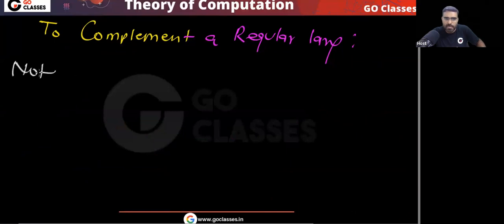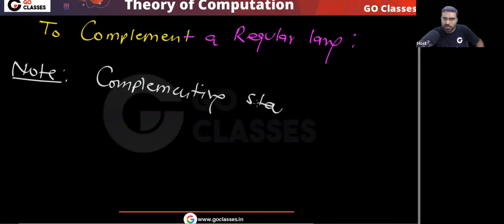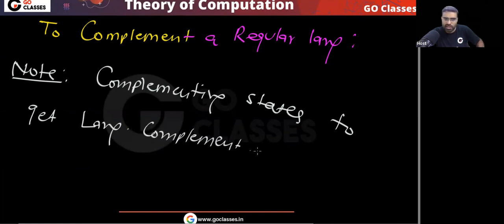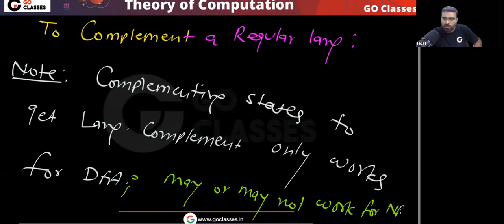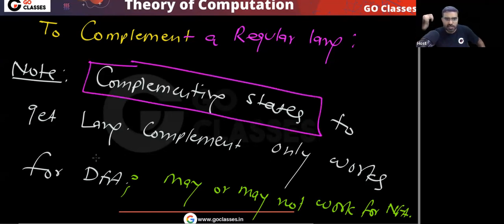Remember this point: complementing states to get the language complement only works for DFA, and may or may not work for NFA. So this is an important point.